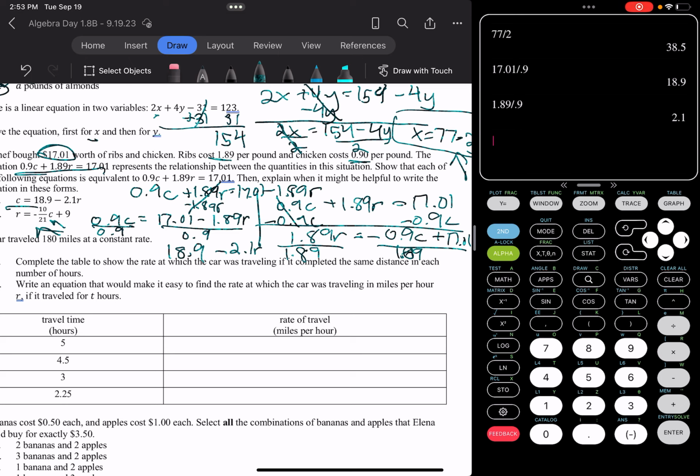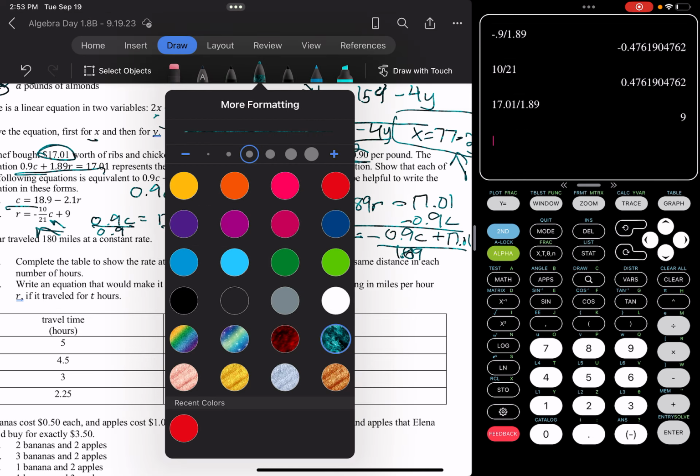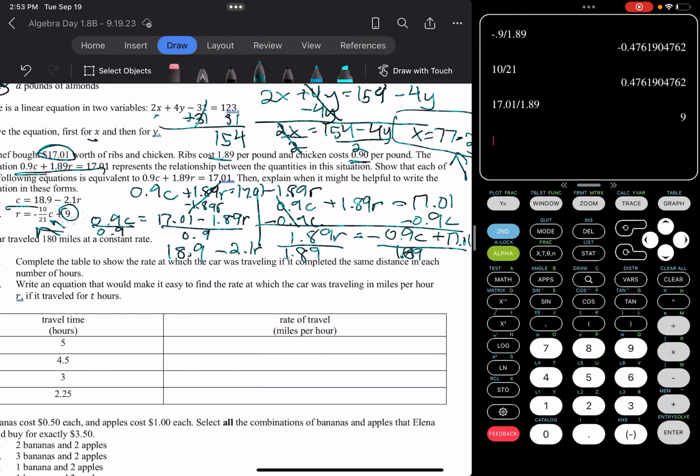All right, so if we were to do negative 0.9 divided by 1.89, we would get this very long decimal, but we can check that decimal by doing 10 divided by 21 is also going to give us that very long decimal there, okay? So we know that that checks out, and then 17.01 divided by 1.89 gives us 9, and so that proves that this matches with this term here.